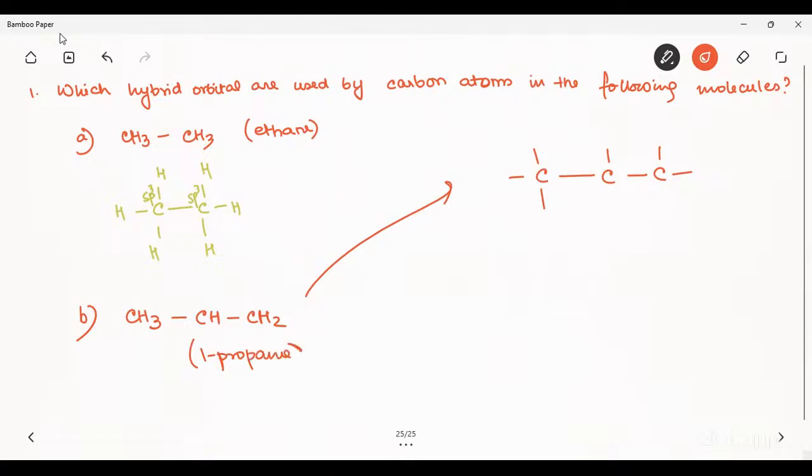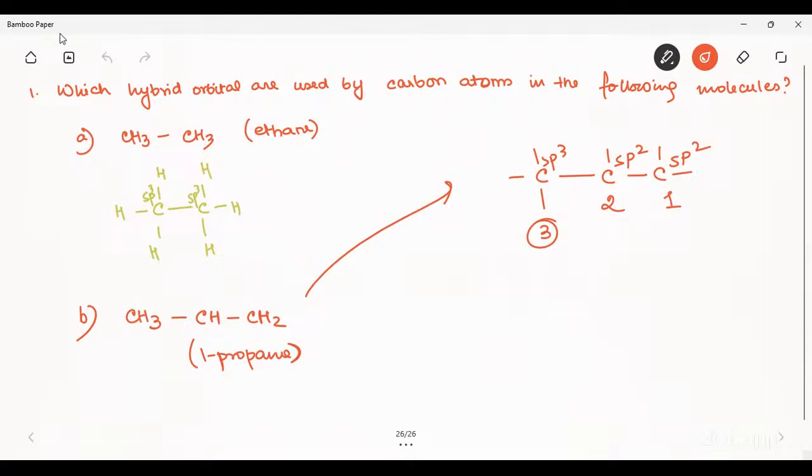I hope everyone knows how to write the IUPAC nomenclature. So this is 1, this is 2, and this is 3. So carbon 1 is sp2, right? The second is sp2 again, but here it is sp3 hybridization. Okay.